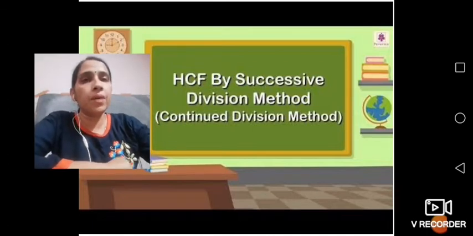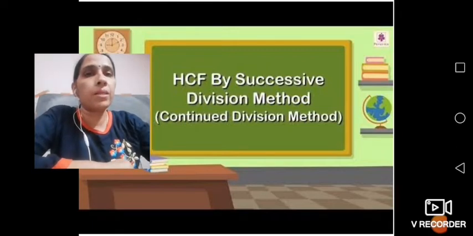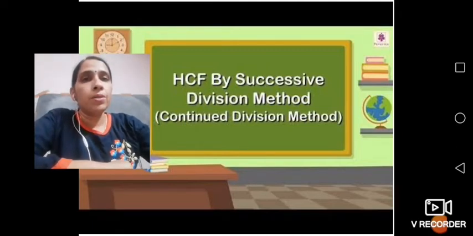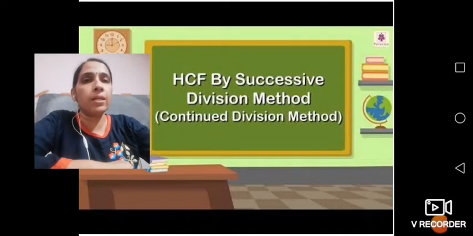After that we found the highest common factor among 2 or 3 numbers, whichever were given. So today we will do another method of finding the highest common factor.